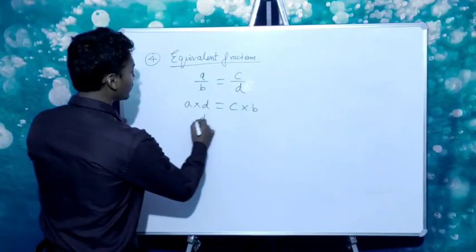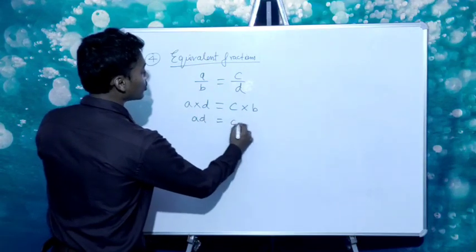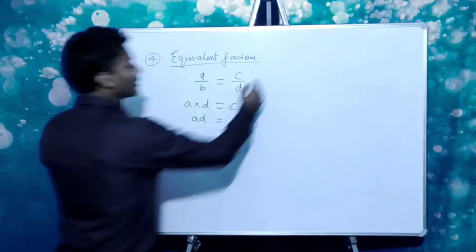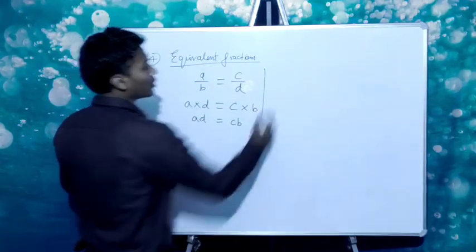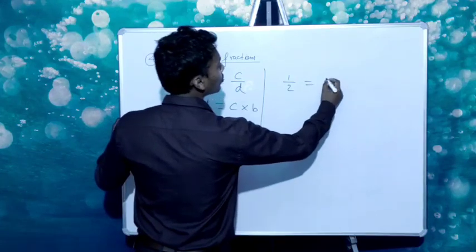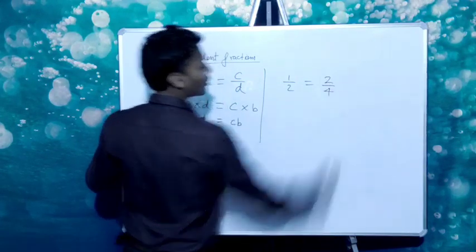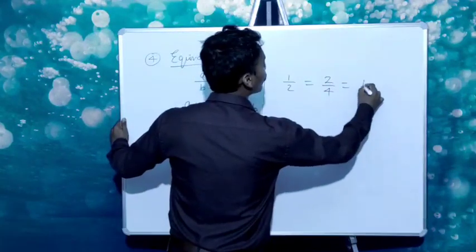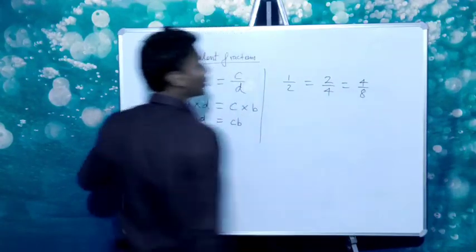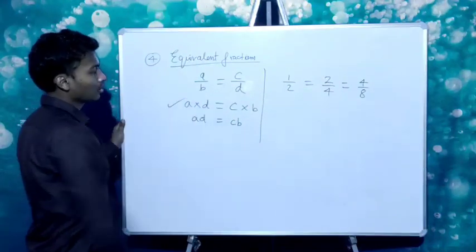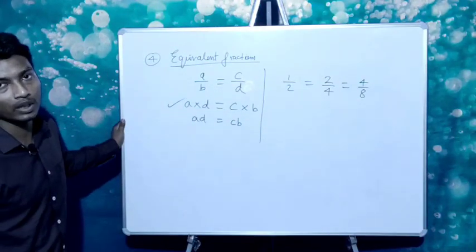So AD will be equal to CB. Let's take the previous example. We knew that 1 by 2 was equivalent to 2 by 4, right? And it was also equivalent to 4 by 8. So if it is equivalent, this property will also be true.